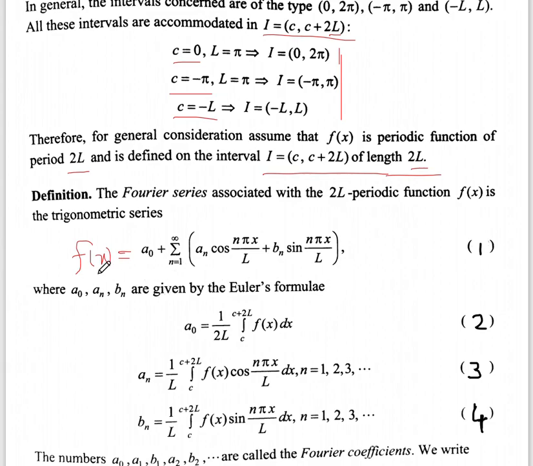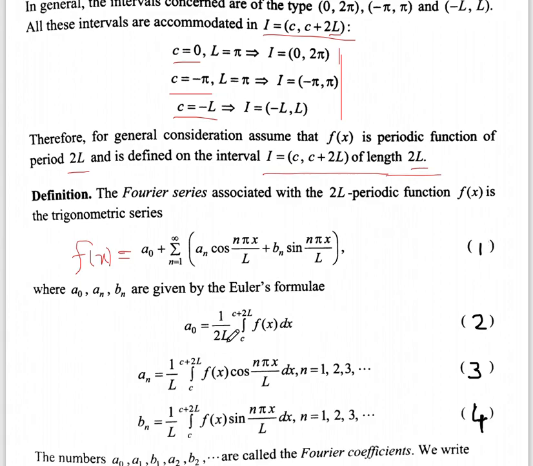Okay, so this is the general Fourier series formula. Here a0, an and bn are the coefficients of the Fourier series, and they are given by Euler's formula.